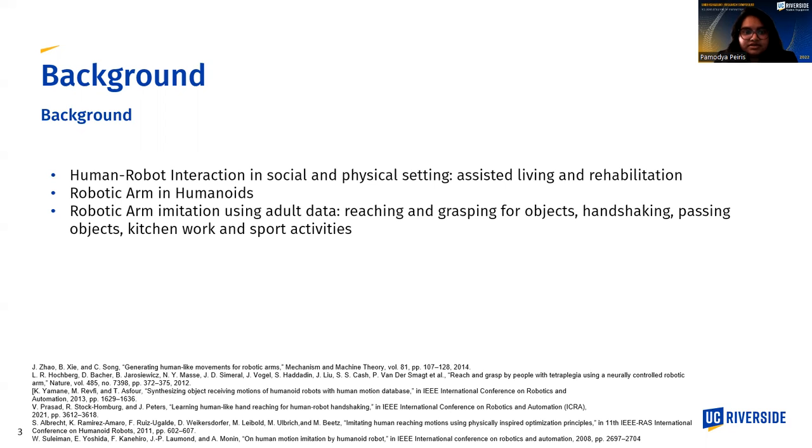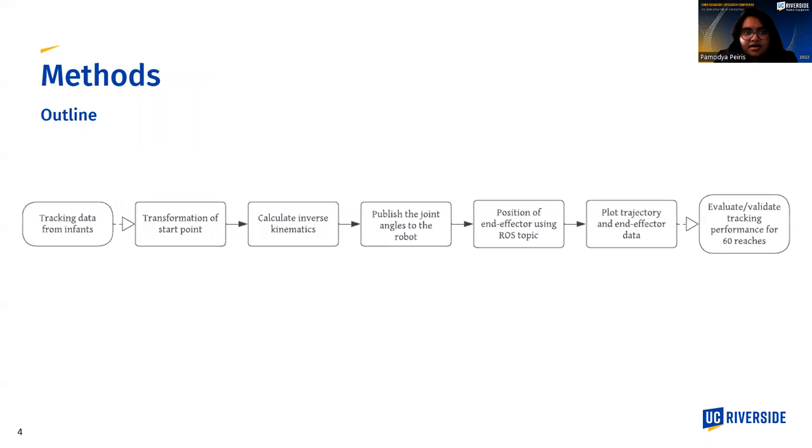These robotic arms are used in the settings of reaching, grasping objects, handshaking, passing objects, kitchen work, or sport activities using adult data.